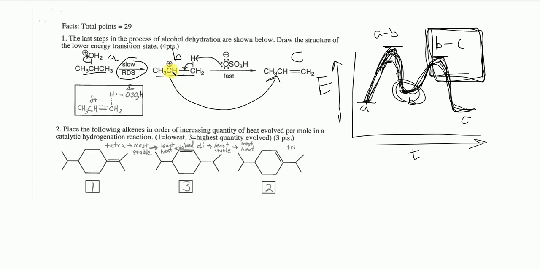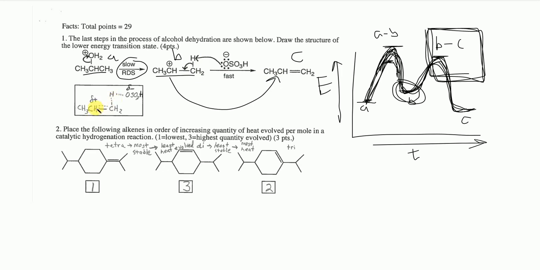So I have to draw the transition state between going from this to this. And if I look at what changed, essentially, I had a bond that's coming to the hydrogen, and I have a bond that's breaking and forming a double bond, and that's essentially what's happening.